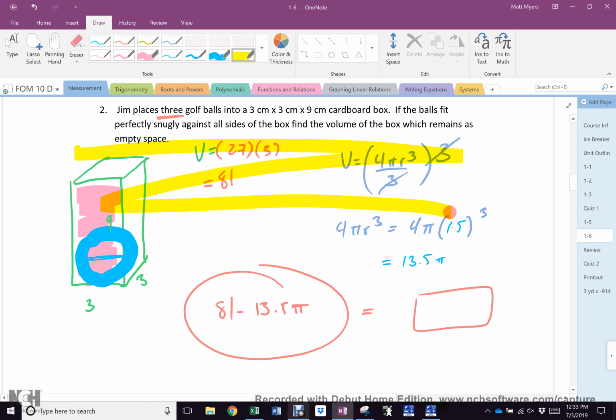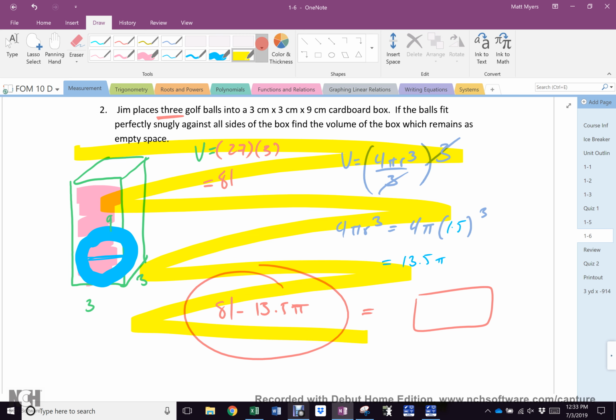All this or that? Yellow or green? Yellow. But that answer is going to be something like 13.5 times 3 is going to be around 45. It's going to be around 36. 38. Blah, who cares?